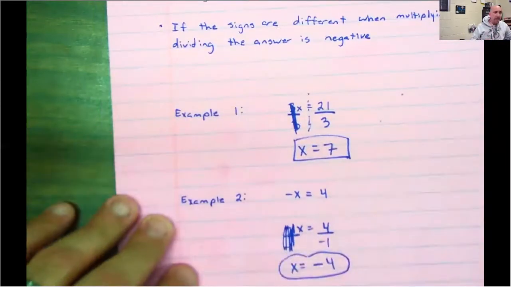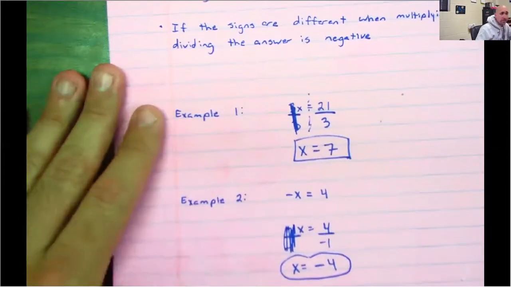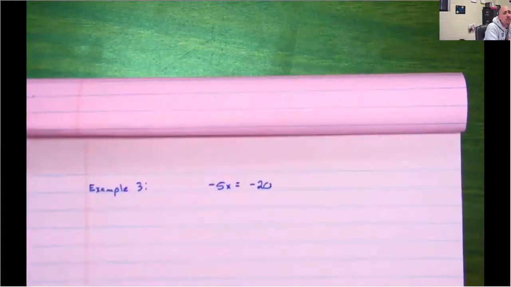Woo! This ain't that bad. You're like, Mr. Nolan, this is too easy. It's not bad, guys. All right, next one. Ooh, what's in front of the x? It's a negative 5. What should be my inverse operation? Well, the negative 5 and the x, they're multiplying.